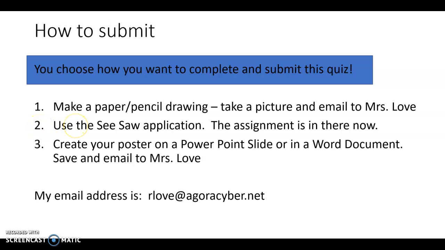I have an assignment in Seesaw now that's called, I forget what it's called, Women's Suffrage Assignment or something like that. It's the only one in your history class that's available. Or if you want to create a poster like on a PowerPoint slide or in a Word document, you can do that. Save it, attach it to an email, and send it to me that way.